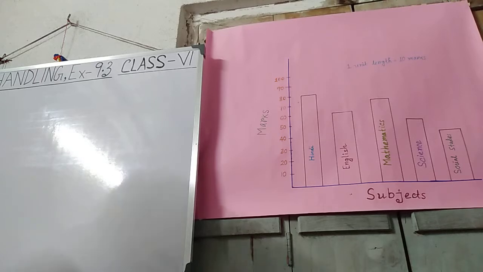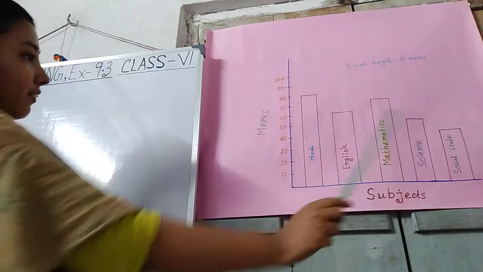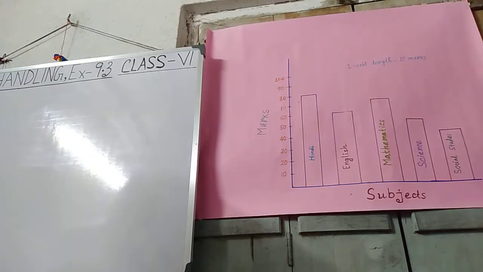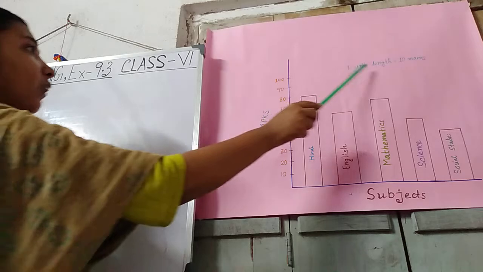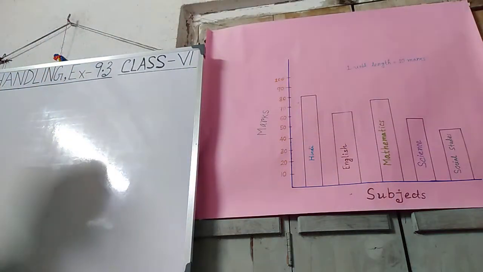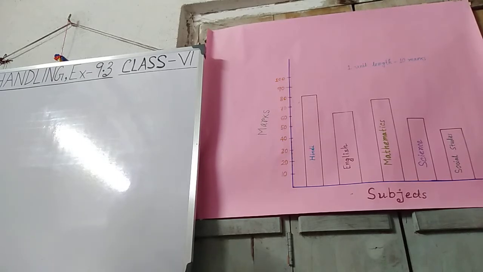So how many subjects are there? Hindi, English, Mathematics, Science, Social Studies. 5 subjects are there. One more piece of information is given: 1 unit length equals 10 marks, meaning 1 unit length represents 10 marks here.